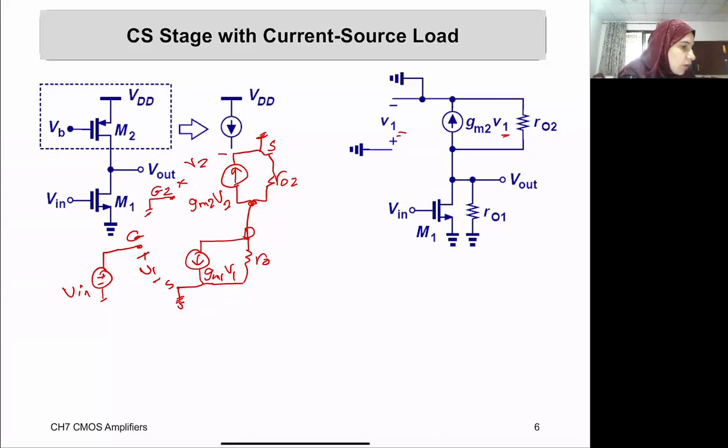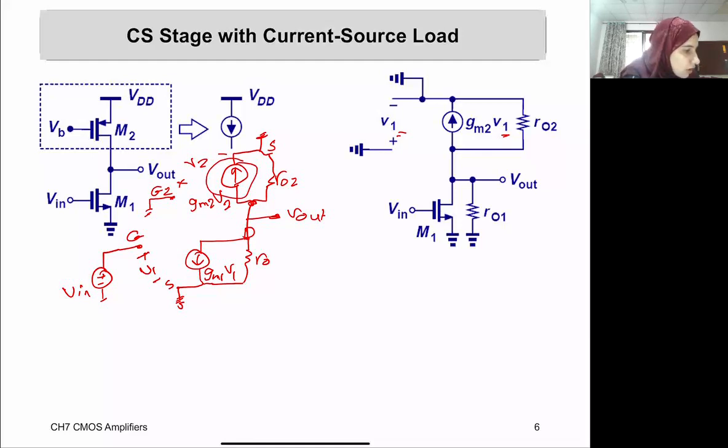Okay, so now I'm supposed to find the gain, which is V out over Vn. Now what I want to tell you is that if you look at this current source, what is the value of this current source? It's GM times V2, but what is V2?